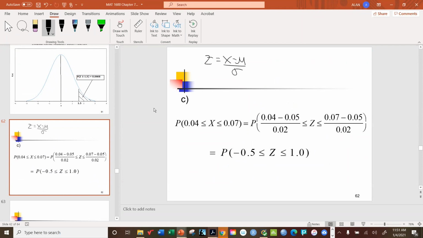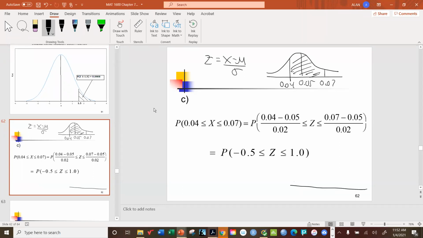So this means that this probability using the standard normal distribution is the equivalent of being between -0.5 and +1.